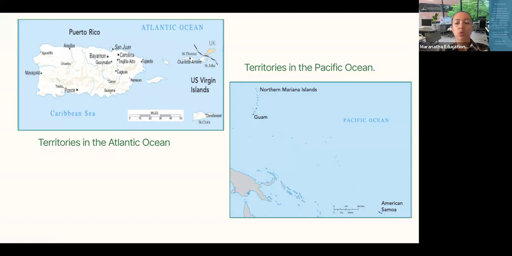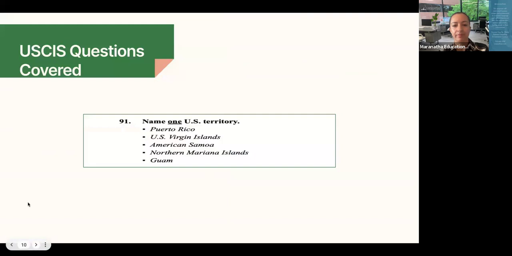The United States also has 3 territories in the Pacific Ocean, which are the Northern Mariana Islands, Guam, and American Samoa. In your test, you might be asked question 91, name one US territory.